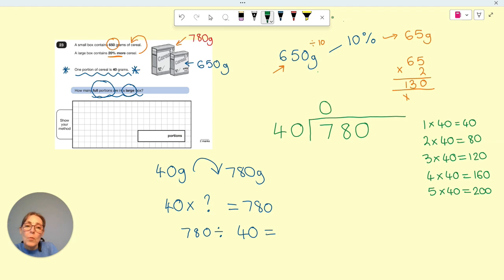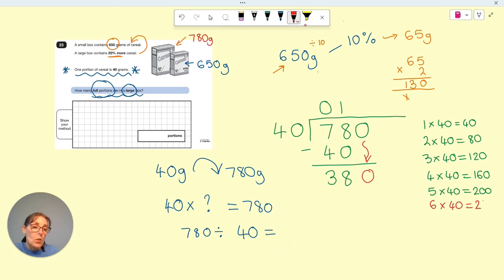No. How many 40s fit into 78? 1 times 40 is 40. 8 take away 0 is 8. 7 take away 4 is 3. We've got 38. So I'm going to bring this 0 down, because 40 doesn't fit into 38, but let's see if it fits into 380. So I've got to carry on going.